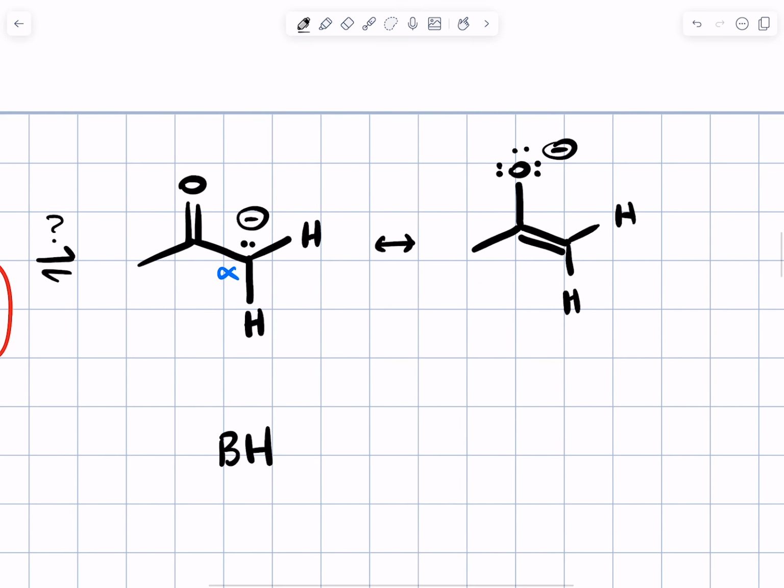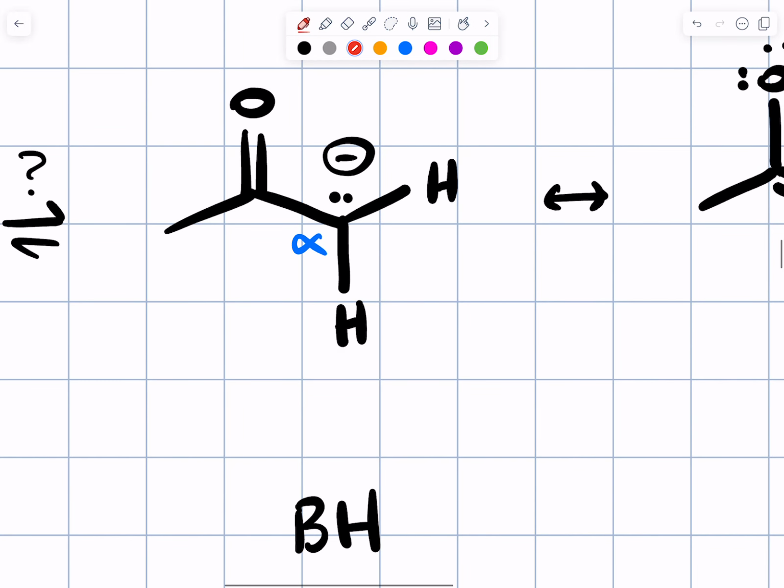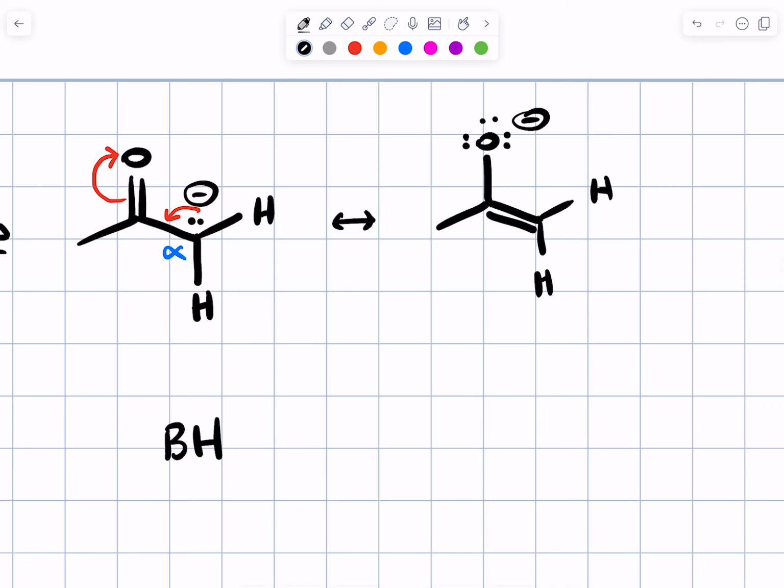You can get to that resonance structure simply by moving the electrons on the alpha carbon over to form a pi bond between alpha and carbonyl carbon, and then moving the electrons from the carbon-oxygen pi bond up onto the oxygen. These are two resonance structures. The conjugate base of your ketone is resonance stabilized.